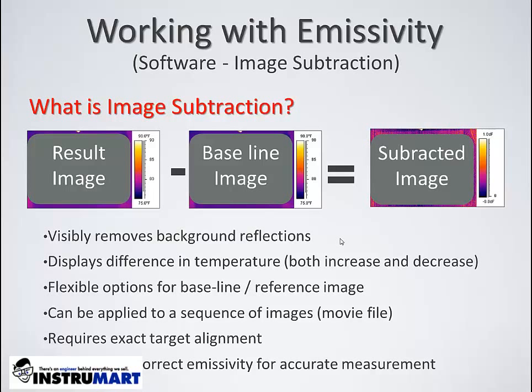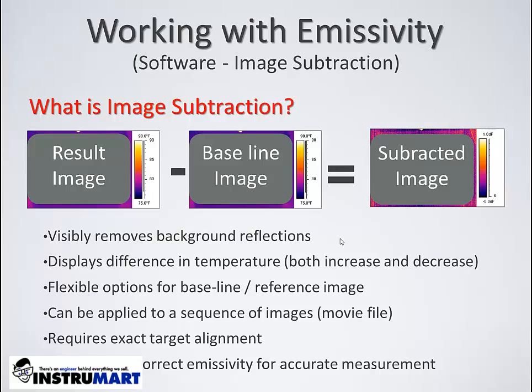The user selects the result image or movie. This is the desired image or movie to be analyzed, and subtracts from that a designated baseline image. Baseline images are typically those images that are at steady state that are non-energized.